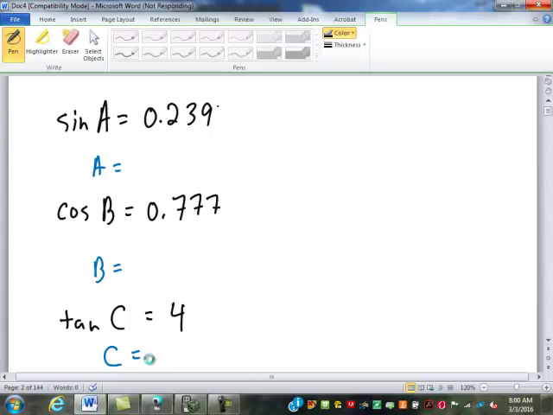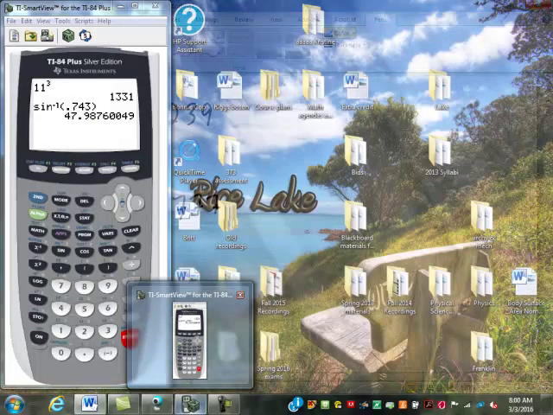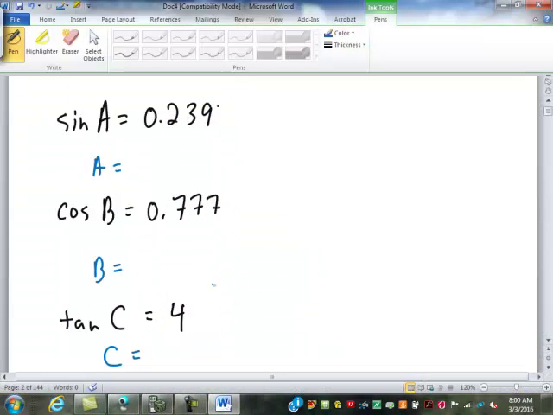Okay, so this first one, you're just doing inverse sine of 0.239. What do you get? Give it to 2 decimal places for me. 13.83. Okay.